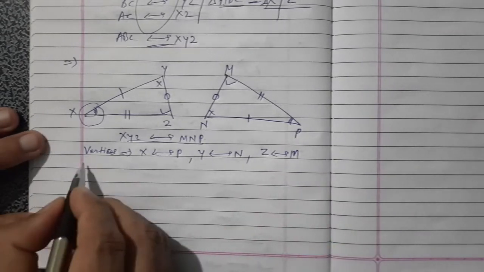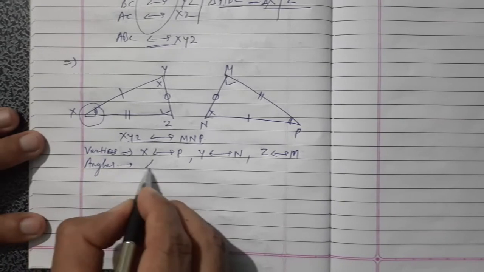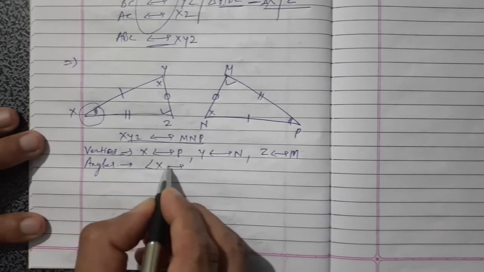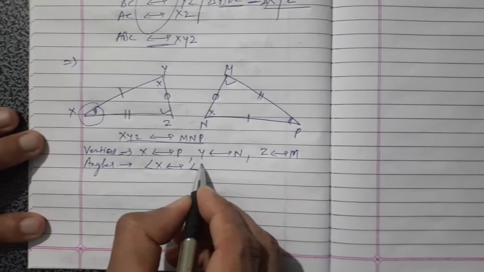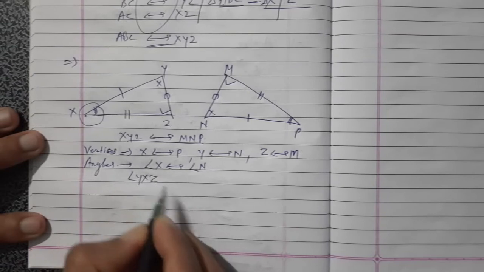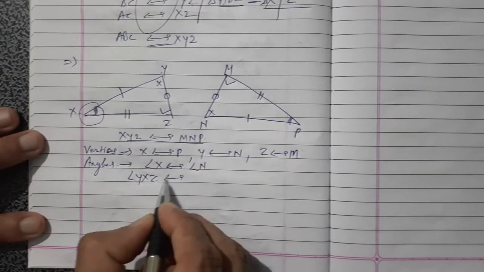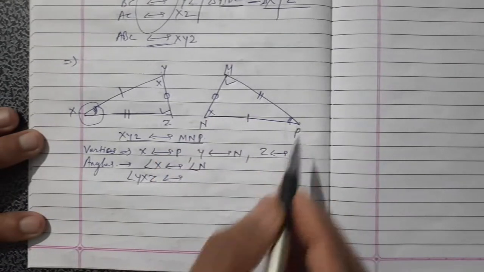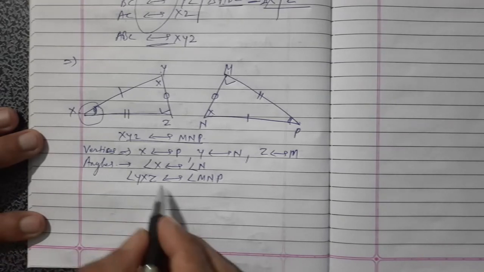Now about angles. Angle X corresponds to angle P. Otherwise, if you write angle YXZ, that corresponds to angle NPM.